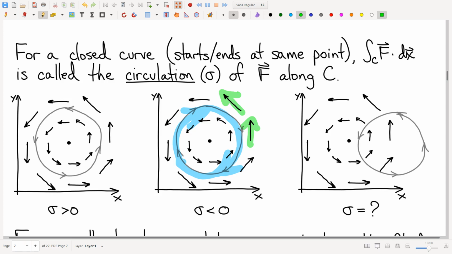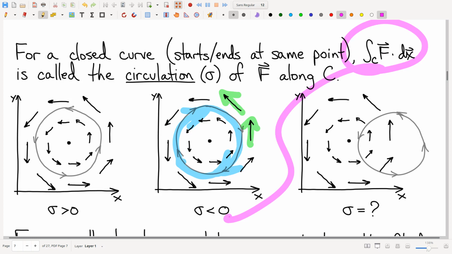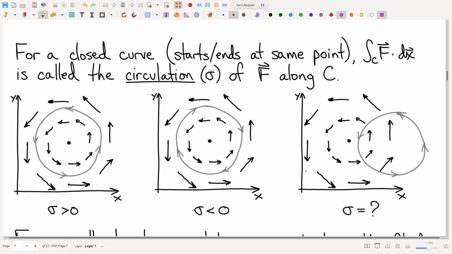So in this case, the circulation, purple, you should expect it to be negative. And then looking at this last example here, this is kind of an imponderable almost.